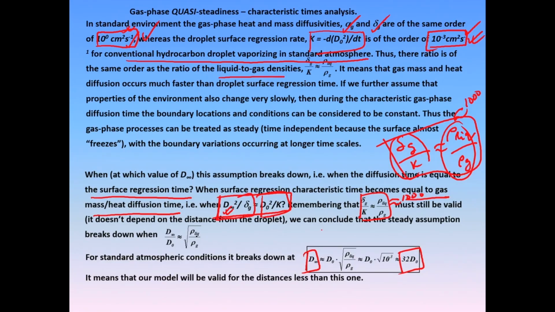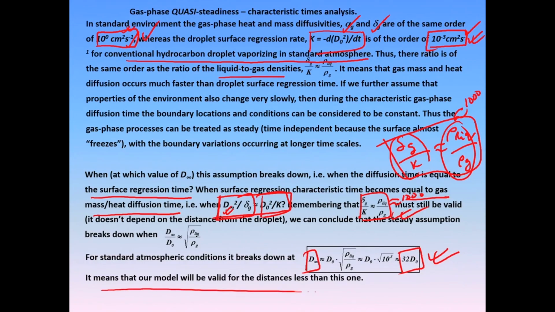So long as the distance is comparable with the droplet diameter, this assumption is still valid, that means your quasi steadiness is valid. However, if the distance becomes very large, if you are trying to compare whether a point 32 diameters away from the droplet is quasi steady or not, then that assumption is not valid. So, that is roughly a rough figure, 32 diameters, and our model will be valid for less than that.